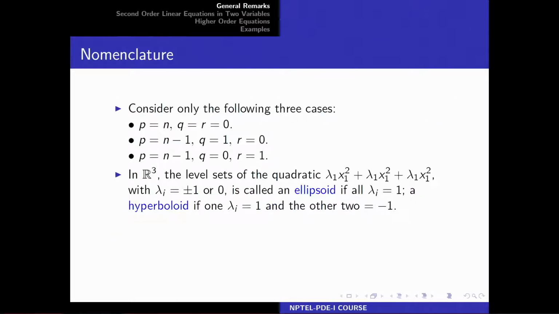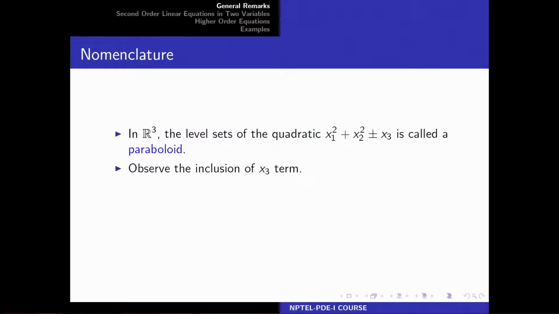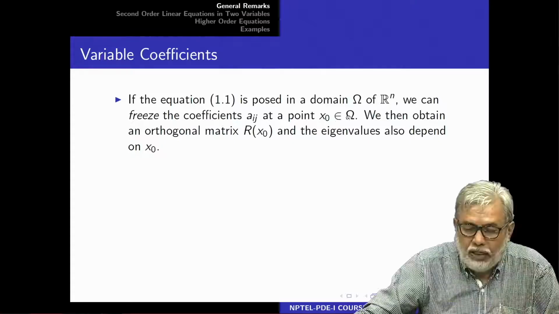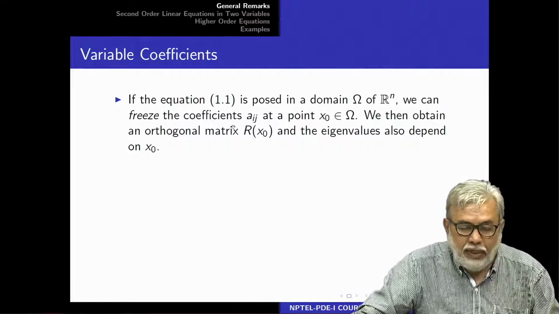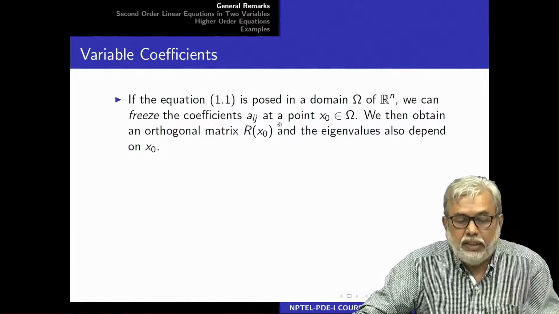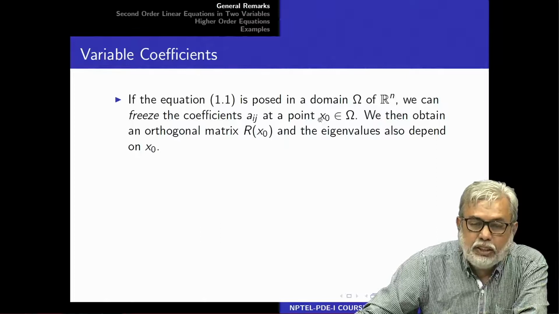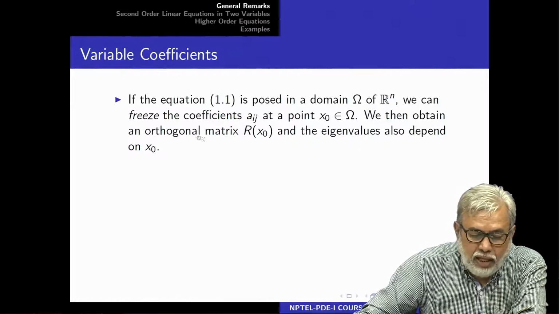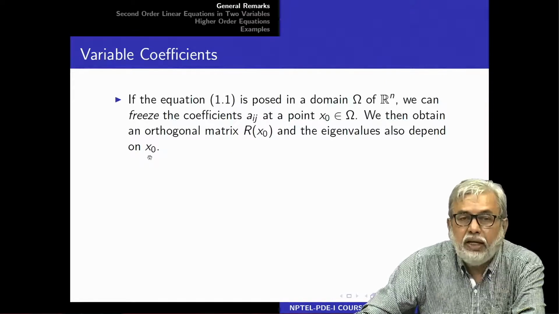If we want to imitate what we did for the constant coefficient case, what we can do is freeze the coefficients at a point x 0 in that open set, and then you get a constant matrix, namely a i j at x 0. So, evaluate all a i j's at this point. You get some numbers, so you get a symmetric matrix, and then we obtain an orthogonal matrix. Again that depends on x 0, and the eigenvalues also depend on x 0.